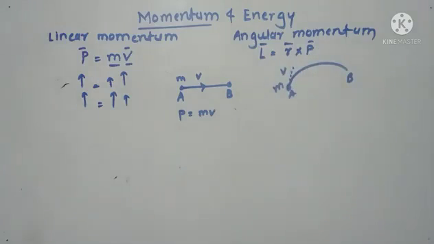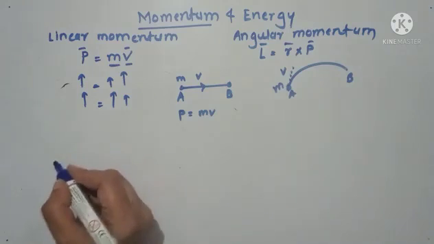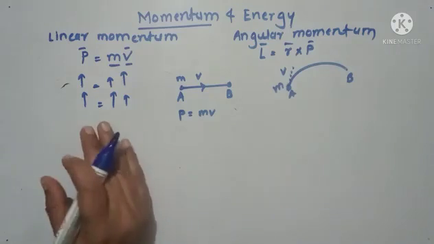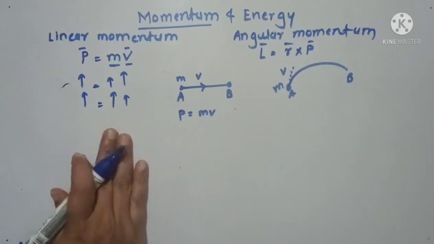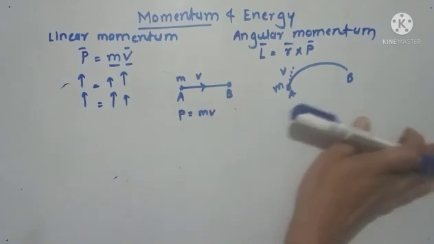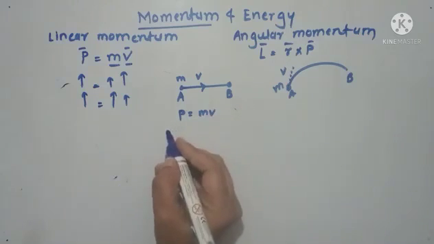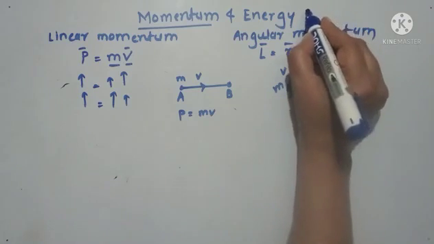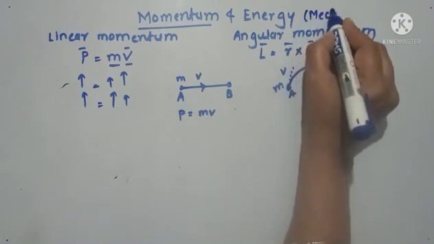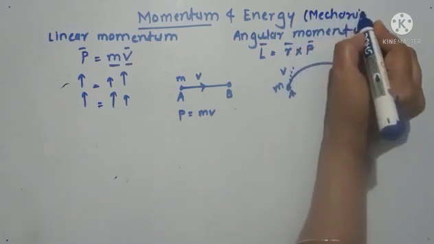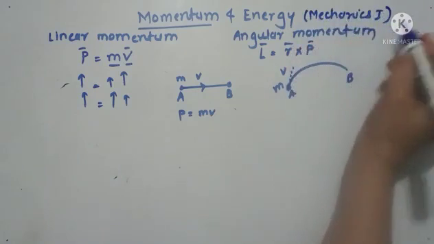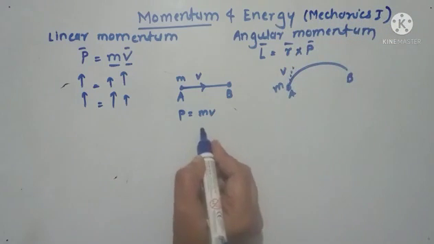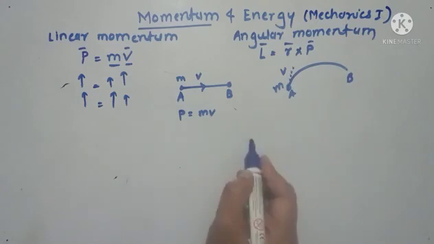There are certain laws of conservation of the linear momentum and angular momentum which are necessary to calculate the motion of the particle or motion of the system of the particles. As we are dealing with Mechanics 1, mechanics means motion of the particle or motion of the system of the particles.